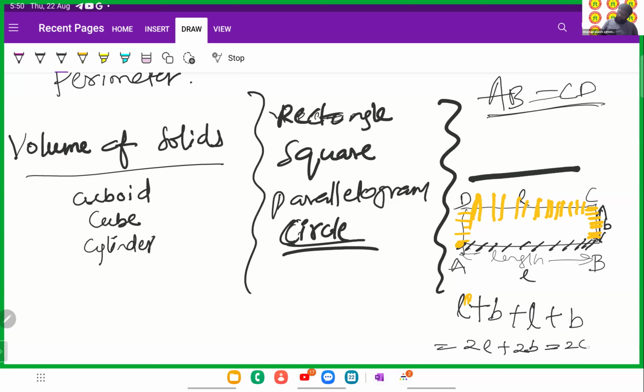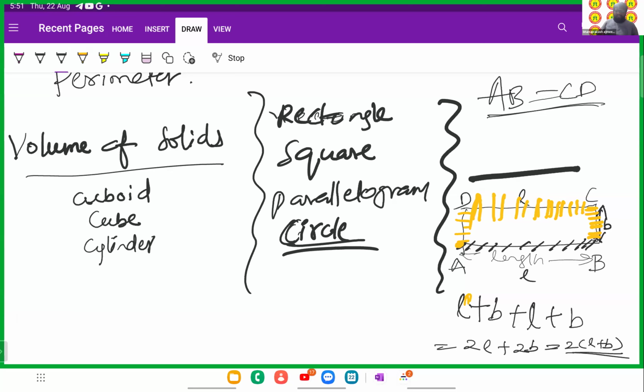If I take 2 common, it is 2 into (L plus B). So you define perimeter as the total distance along the boundary of a closed surface.